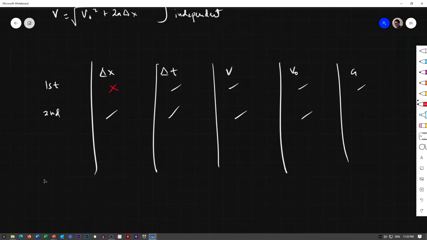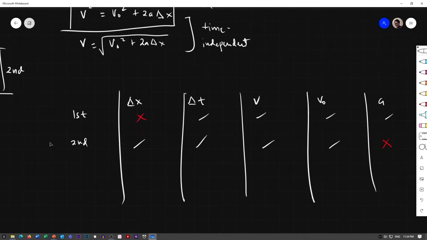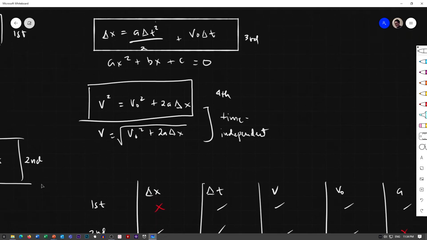So in using the second equation, there should be no acceleration in your given. What does that mean? This should comprise given plus required. It means when you're writing the variables of the given and the required, the one that has an X mark here should not be present in your given and required. I'll elaborate on it further when we have our guided examples.